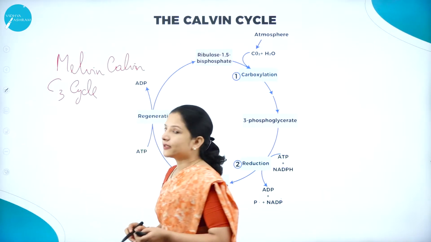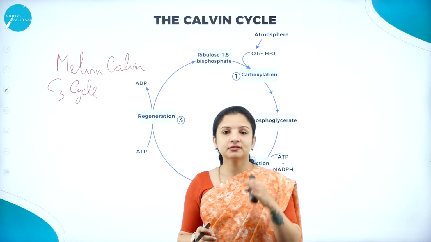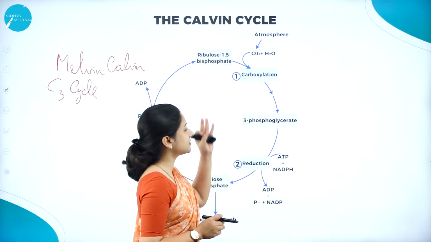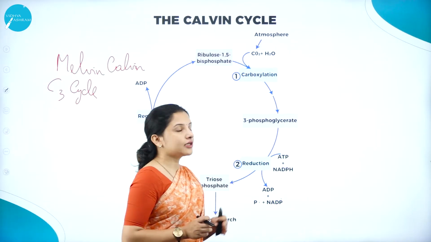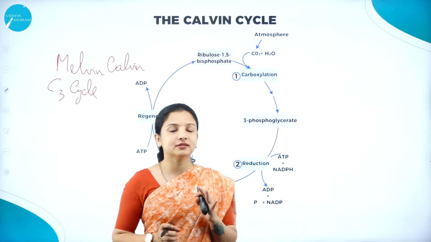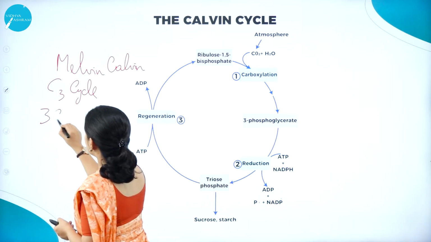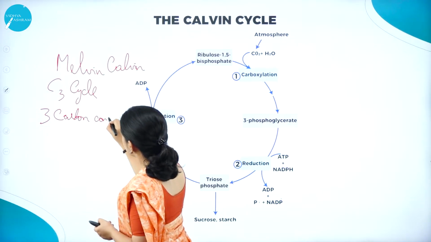Why is it called the C3 cycle? The reason is that the first stable compound formed during the Calvin cycle is a 3-carbon compound. It is 3-phosphoglycerate, or 3-phosphoglyceric acid, which is a 3-carbon compound.